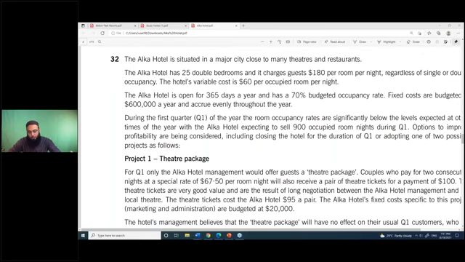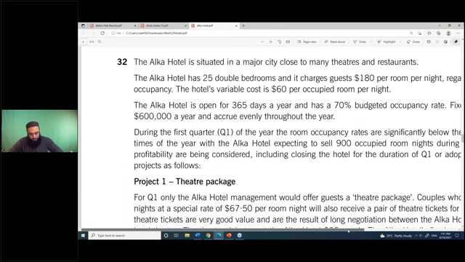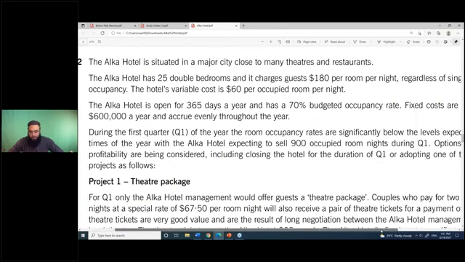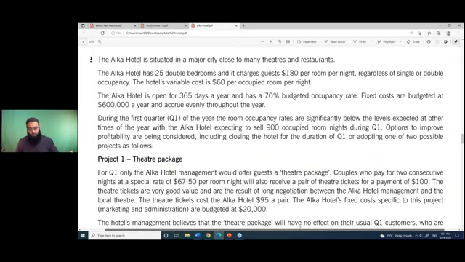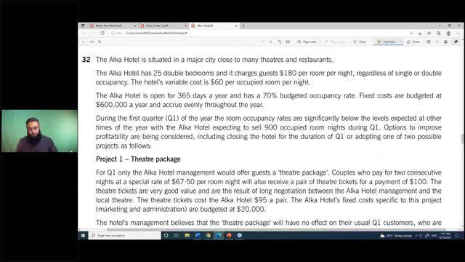Let's begin with this question again of CVP analysis. Now, the Alka Hotel is situated in a major city close to many theaters and restaurants. The Alka Hotel has 25 double bedrooms and it charges guests 80 per room per night, regardless of single or double occupancy.